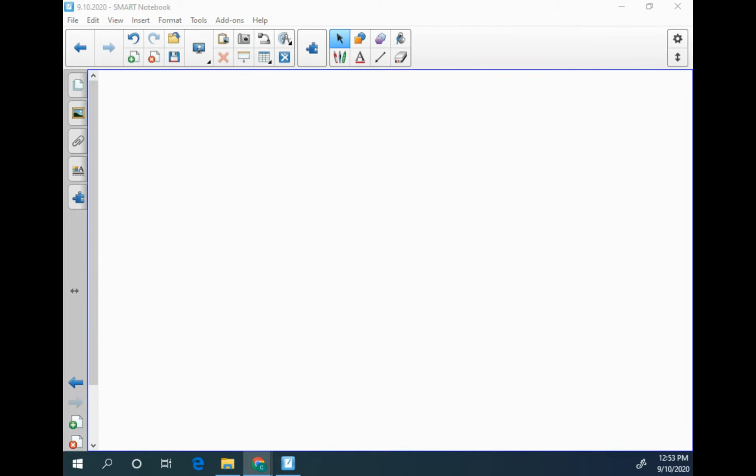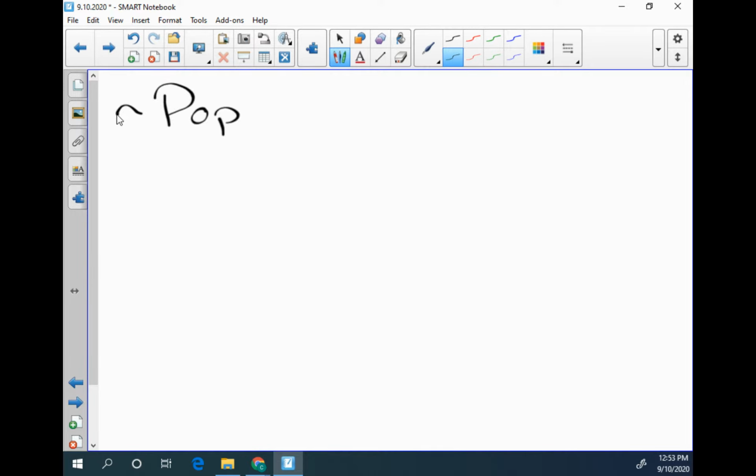Y'all described populations with your hybrid assignment from yesterday, and today we are talking about population growth: how we measure it, why we care about it, and the different types of population growth that exist in different populations.